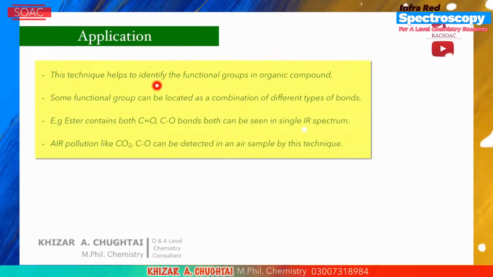Now come to the application. This technique helps to identify the functional group in an organic compound. Some functional groups can be assessed by the combination of different types of bonds. For example, in the case of an ester, there is the presence of C double bond O and C single bond O. Only these 2 polar bonds are present in a simple ester.